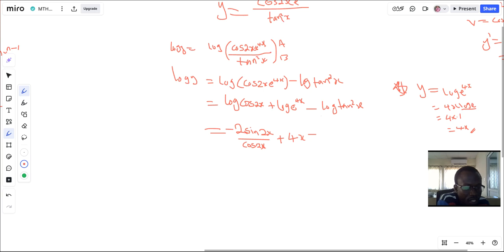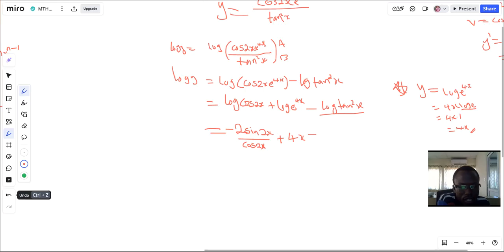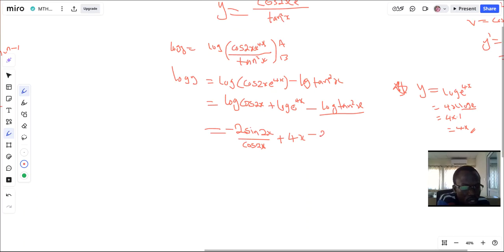It took a very long time for me to differentiate this, so we are just going to take it from the handouts. So the derivative of tan square x is equal to 2 tan x sec square x.